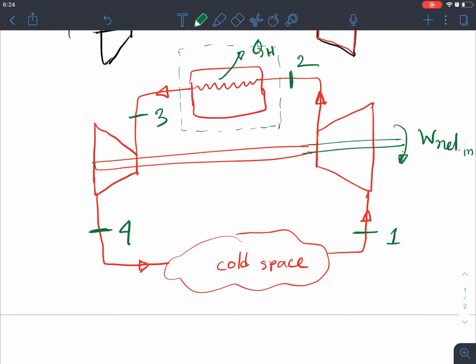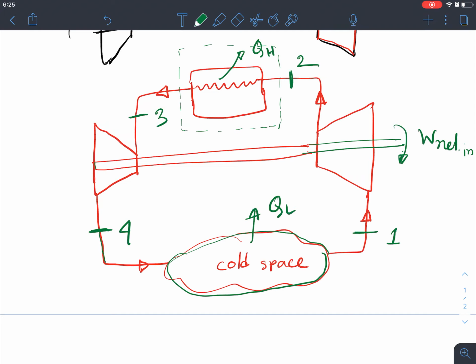So now at point 4 it becomes a really cold, low temperature gas, right? So when we pass that low temperature gas through a cold space, what is happening here, it's basically absorbing the heat from this space, and that heat is QL, making this refrigerated or conditioned space low temperature, right?